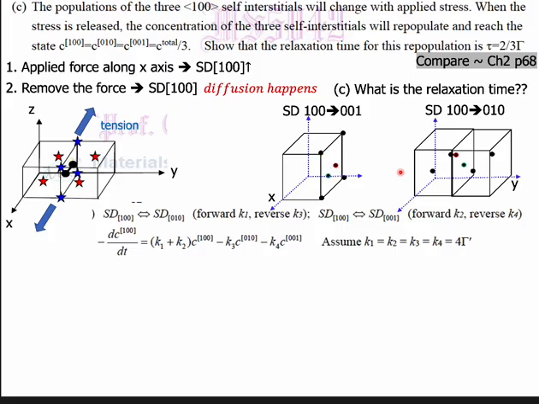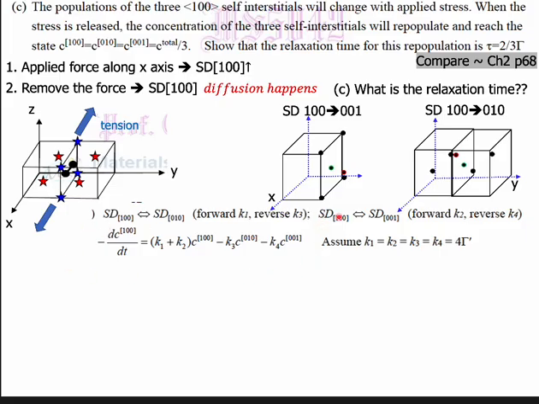This is one direction, two directions, and the other possibility is the red one jumping to upper and bottom, also 4 gamma prime. So K2 is 4 gamma prime, and if you try to draw 001 back to 100, it is also 4 gamma prime. So this is how we get the rate constants.